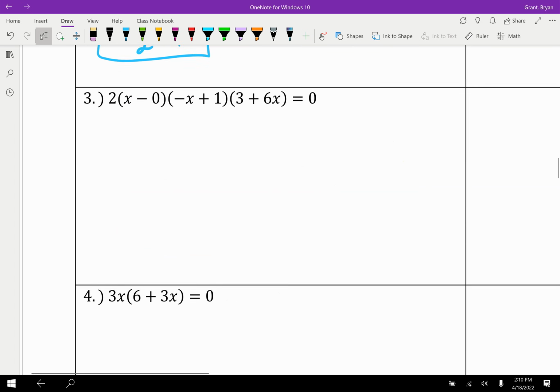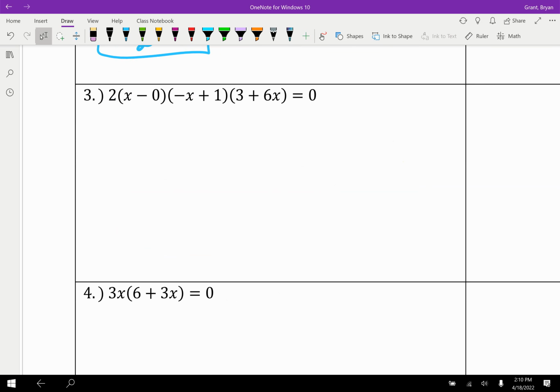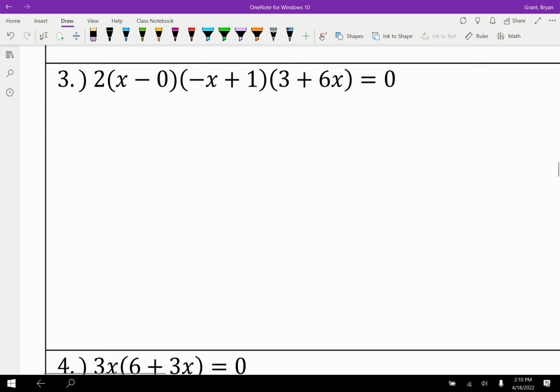All right, our third one. Let's go ahead and solve each of these, but we have something interesting happening. We have this 2 out front. Now, what's happening inside is we have 2 times this guy times this times this. And we don't actually distribute 2 to every set of parentheses. You can choose which set to distribute it to, but it doesn't really matter.